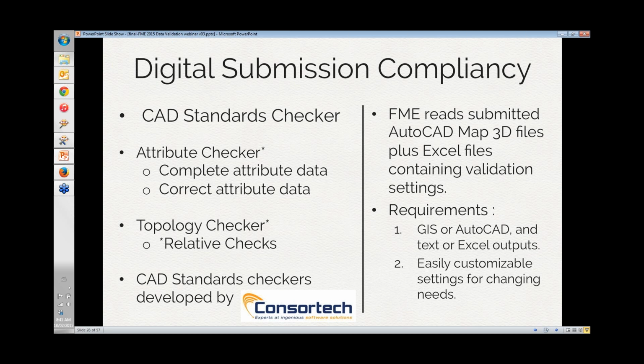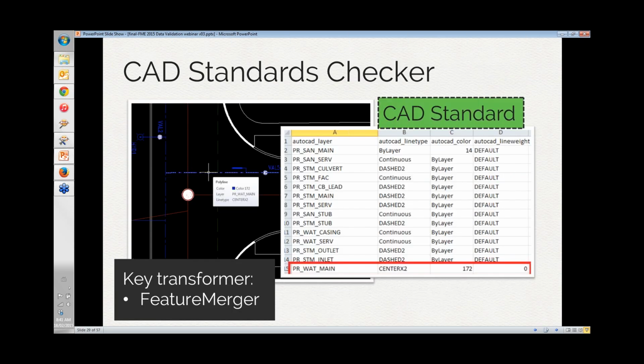And the main point really was to externalize these rules so that they're easy to customize and change without having to dig into a complicated workspace and update a simple rule.